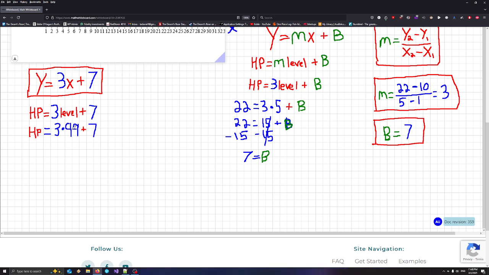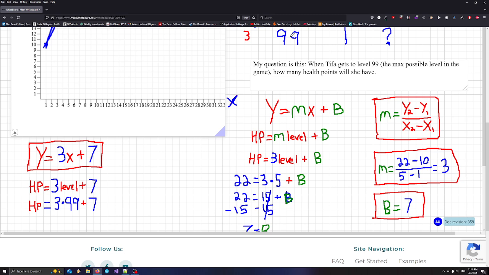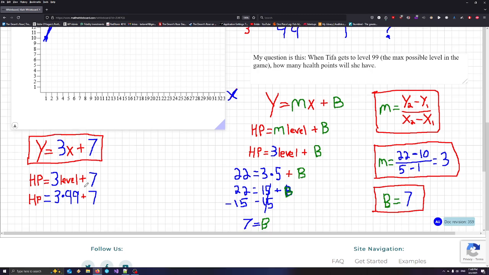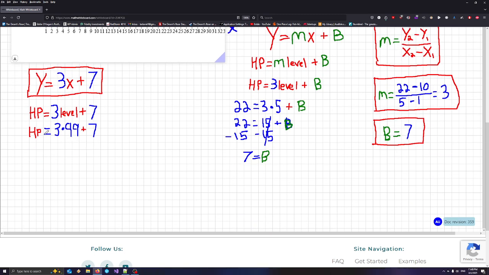As you can see, all I did was plug in 99, the level, for the level variable here. And now we're going to solve for what the HP would be.